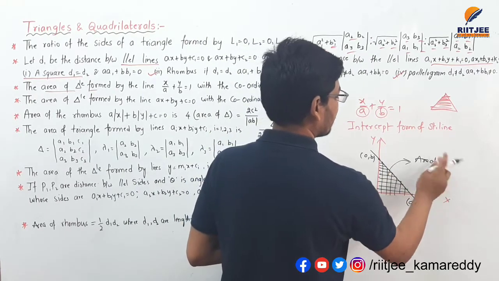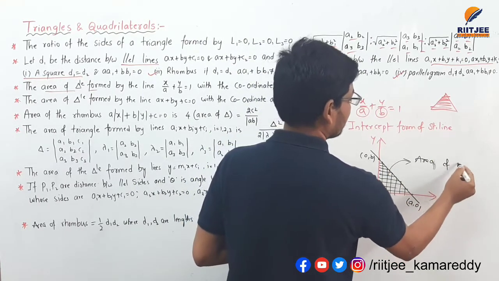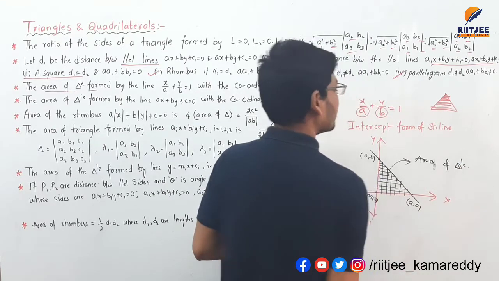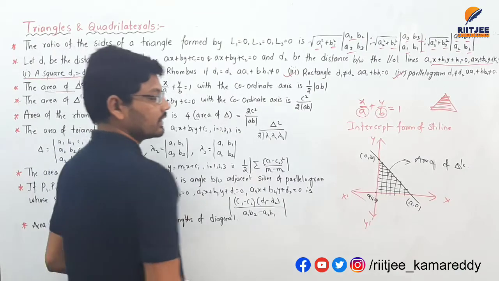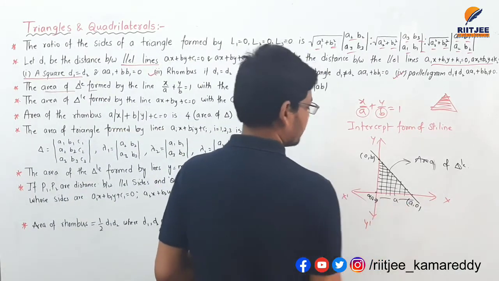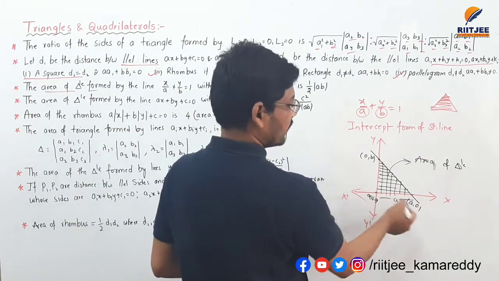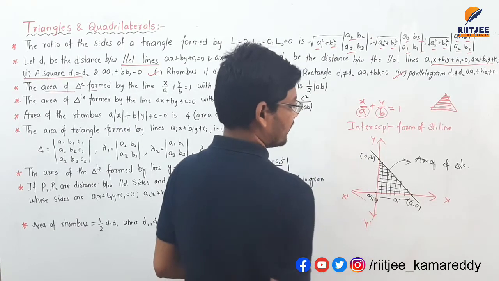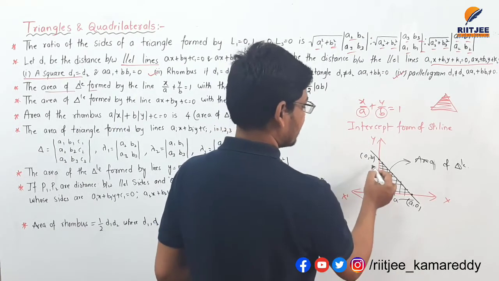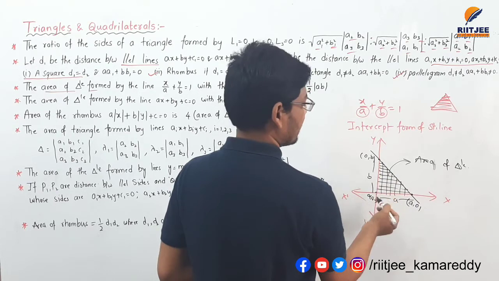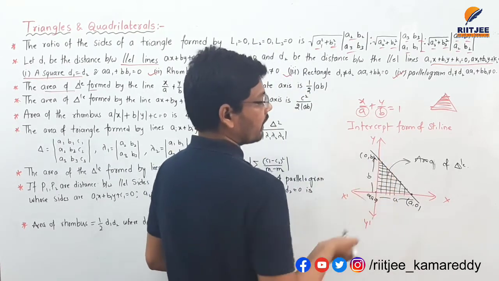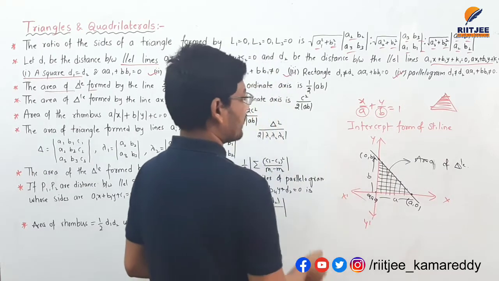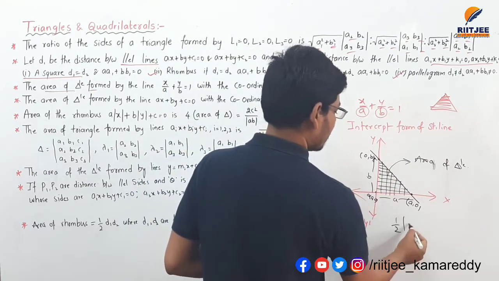How can we find the area of the triangle here? This is the A, the distance between the center and the point of intersection on the x-axis, and this is the distance B, the center to the point of intersection on the y-axis. So the formula is 1/2 of modulus of AB.